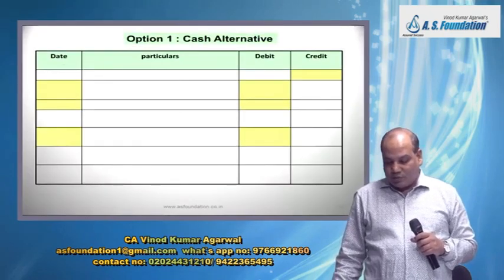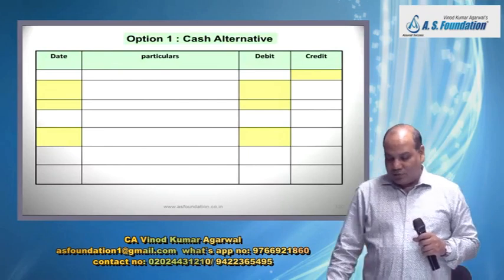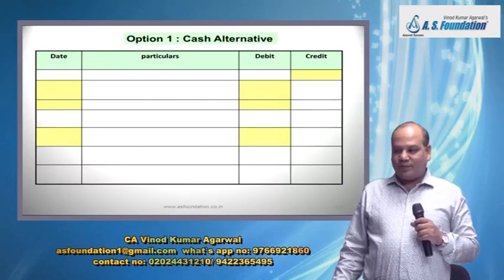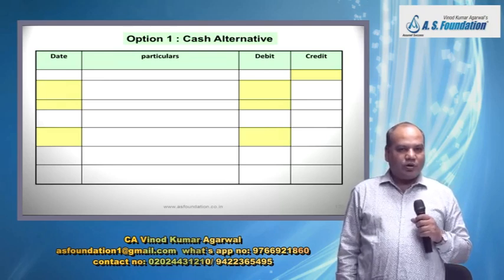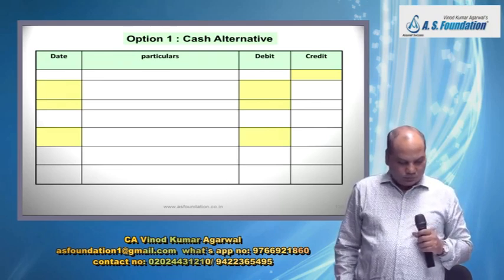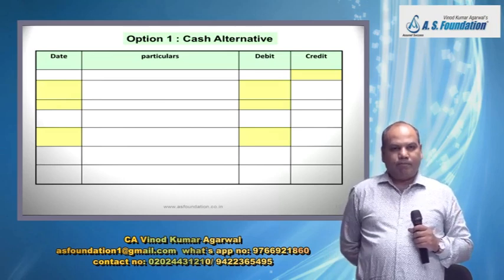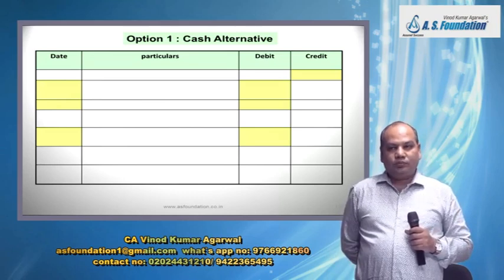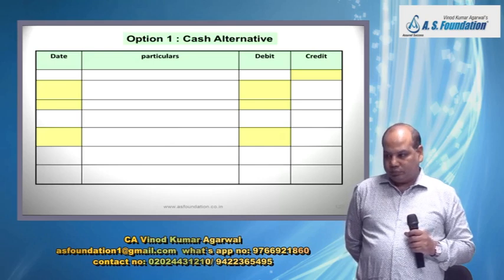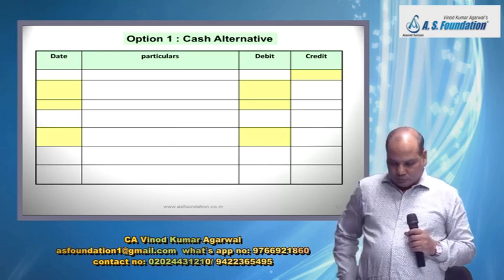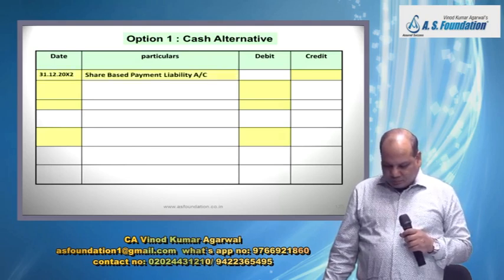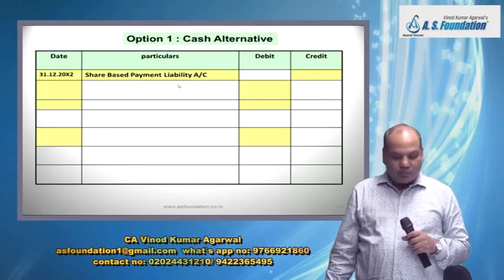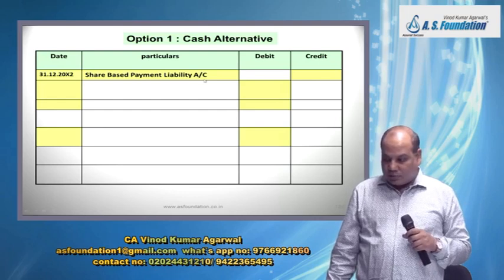So now write down assumption 1, cash alternative. What is the balance in that share based liability account?